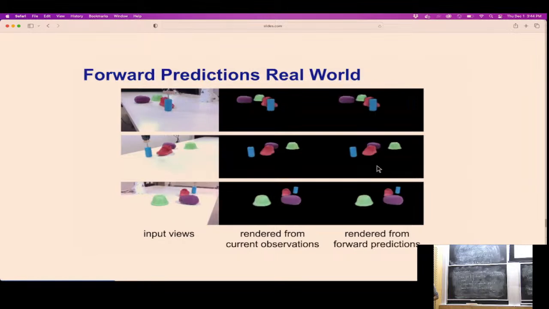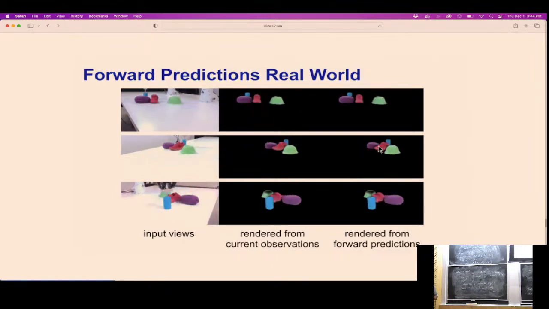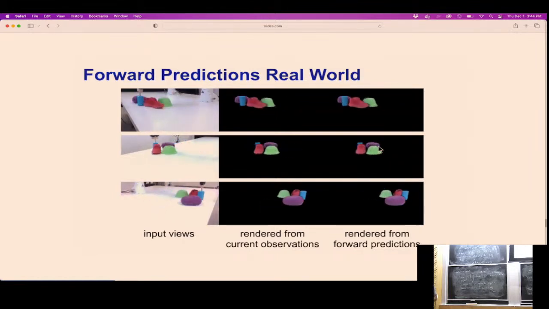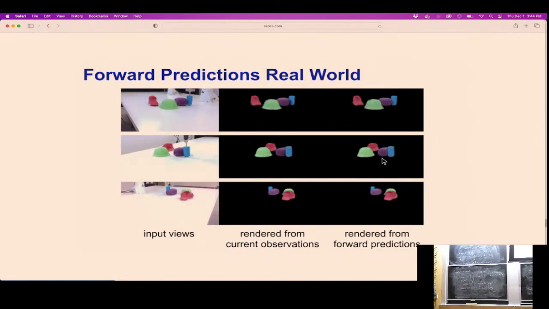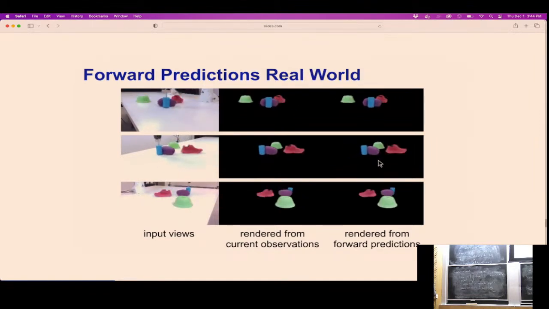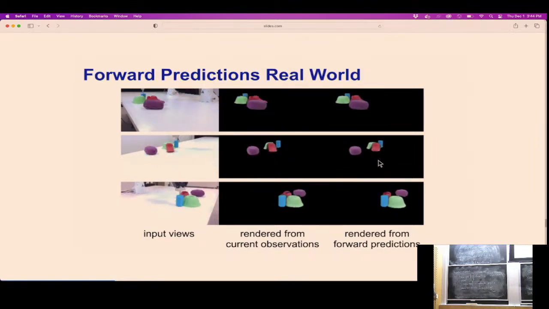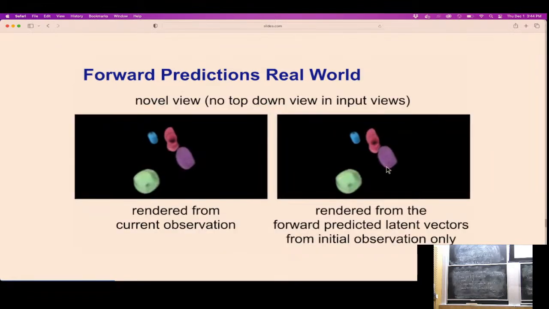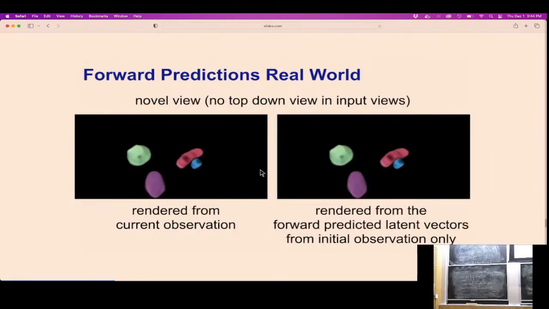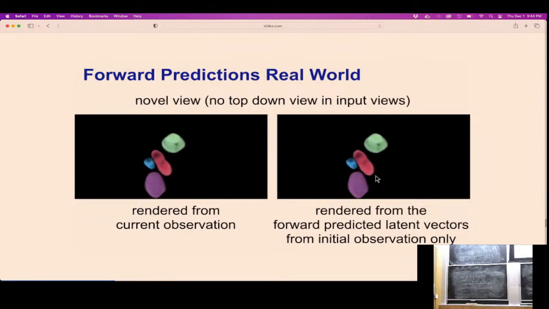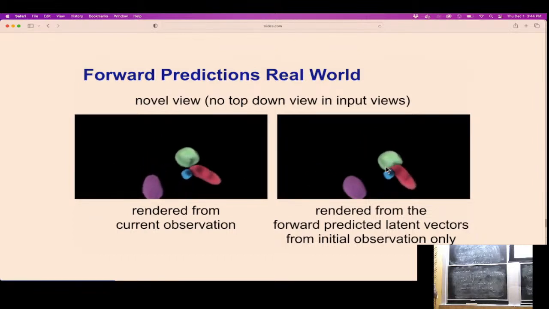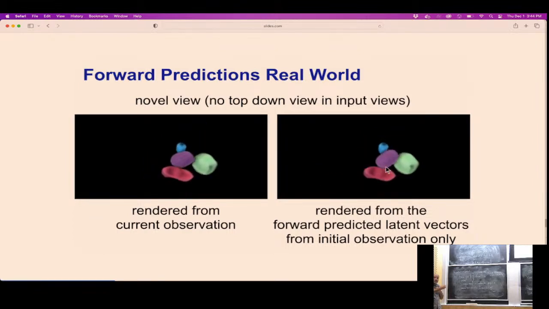Then he's going to train a model that's using the NeRF as its underlying geometry representation in order to do this sort of reconstruction, and he's learning a model on the NeRF that can predict forward dynamics. So this is the rendered image from the current observation. This is the output of the model when you started from the initial observation and just simulated forward.